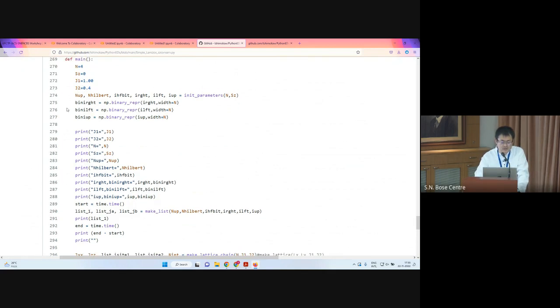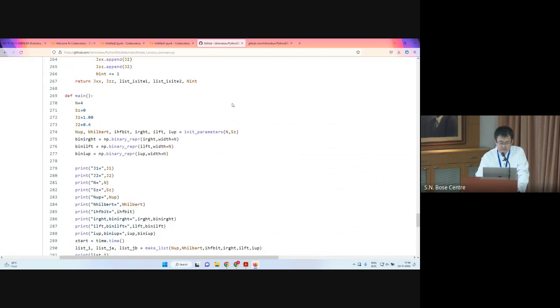N up means the number of up spins, and N here base is the dimension size of the matrix Hamiltonian. These parameters can be obtained from calling this init parameters function.